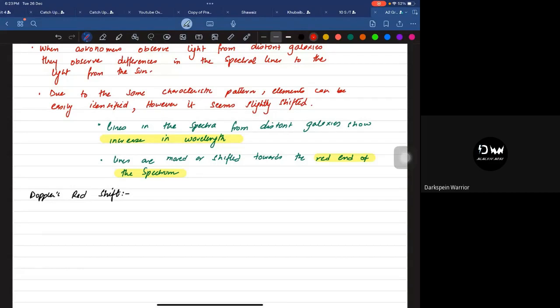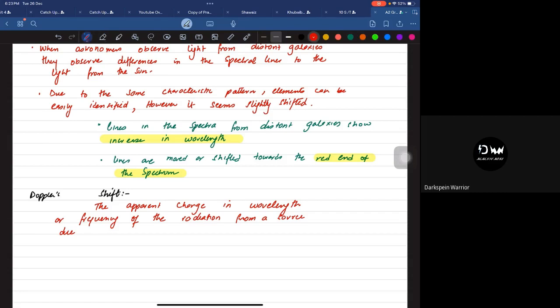So Doppler shift is the apparent change in wavelength or frequency of the radiation from a source due to its relative motion from the observer.